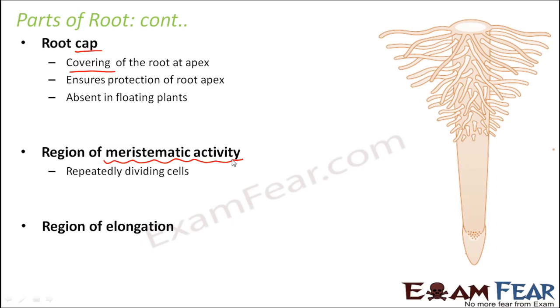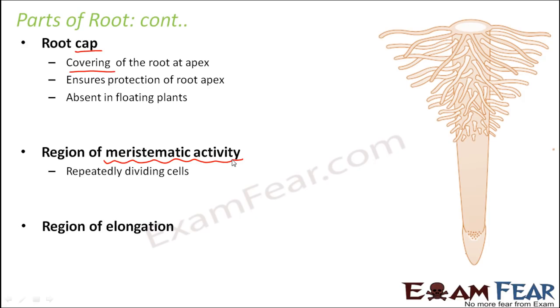Now since the root grows and performs so many functions, there have to be some specialized regions inside the root for each of these functions. How will the root grow? For growth, there has to be some cell division, and some new cells have to be formed. Again, those cells have to grow and increase in size. All these things happen in different areas.